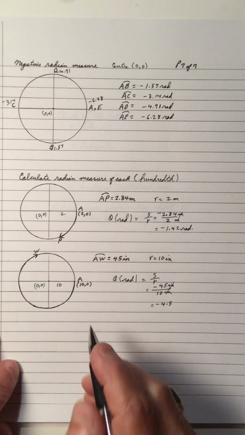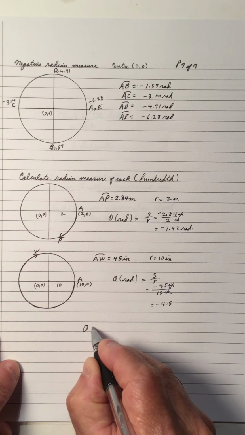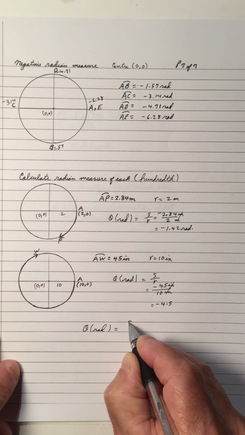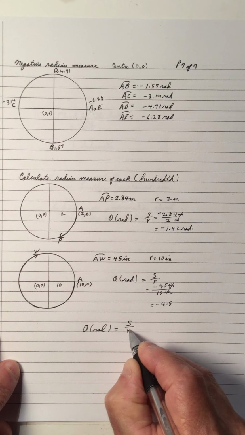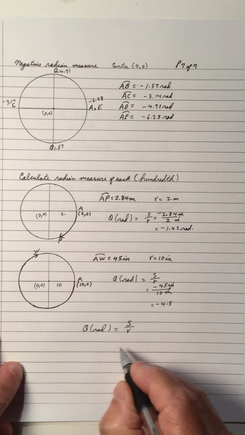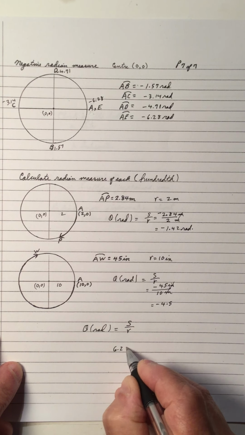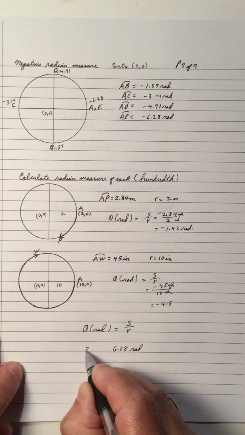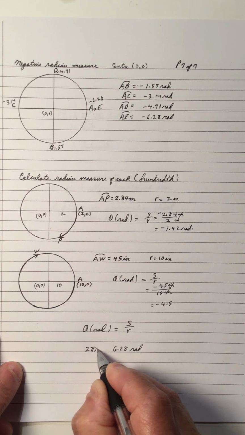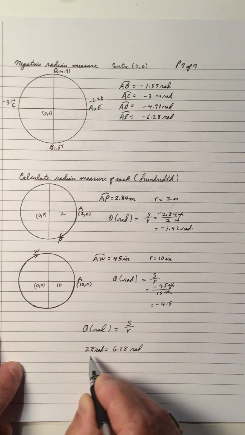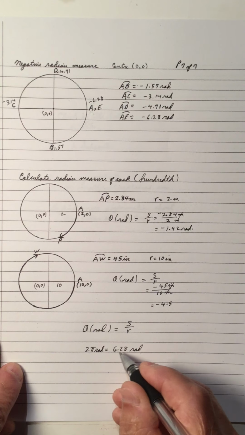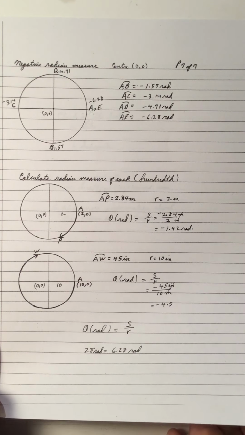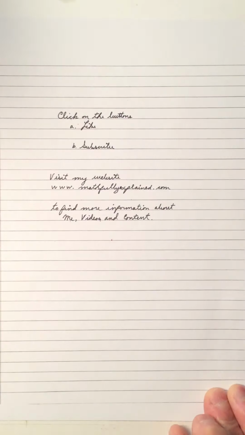Again, just to make sure, the radian measure is the length of the arc divided by the radius. And the most you can have is 6.28 radians, which is 2 pi radians. So 2 pi radians is the same as 6.28 radians. That's one complete rotation right around.